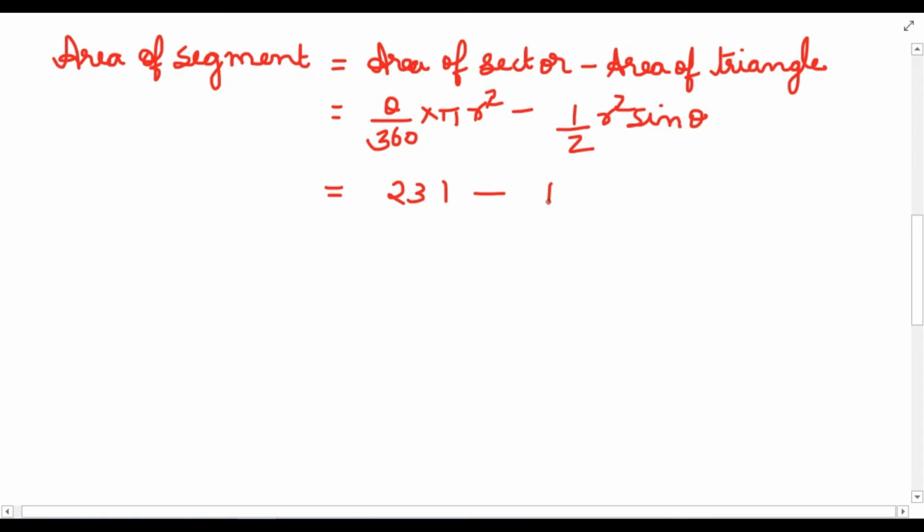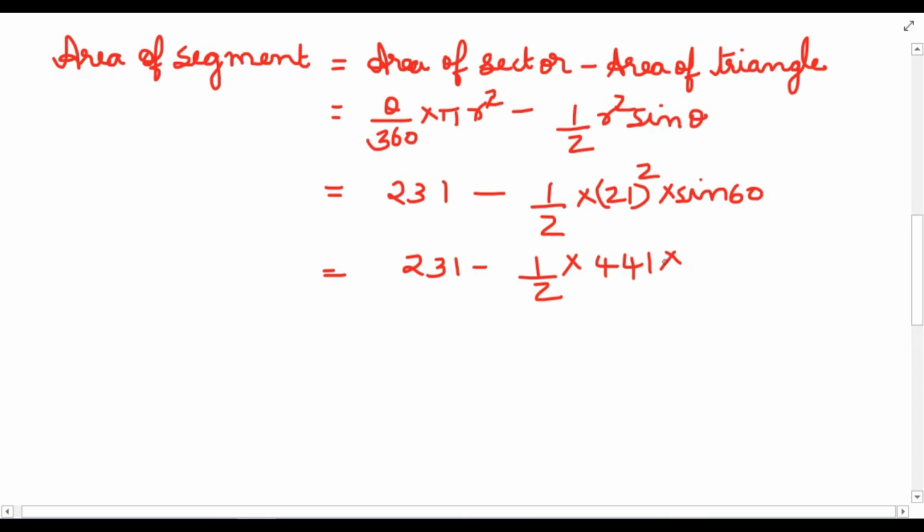So 231 minus half into 21 square, which is 441, into sine 60, which is root 3 by 2. When you simplify this, you get 190.95, so the answer is 40.05 centimeter square.